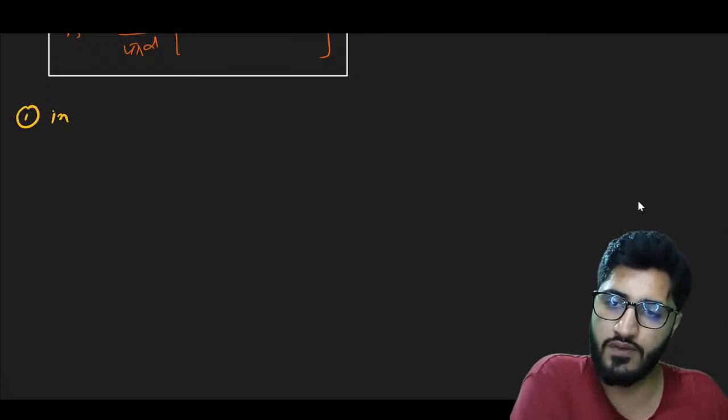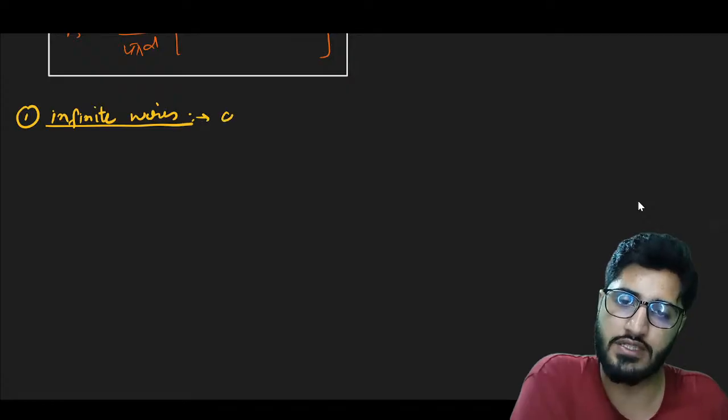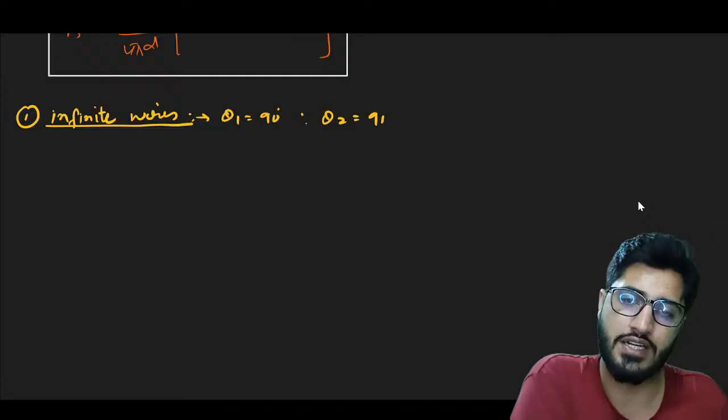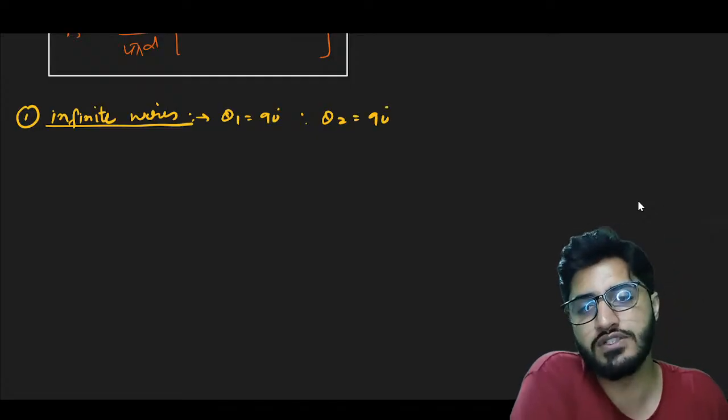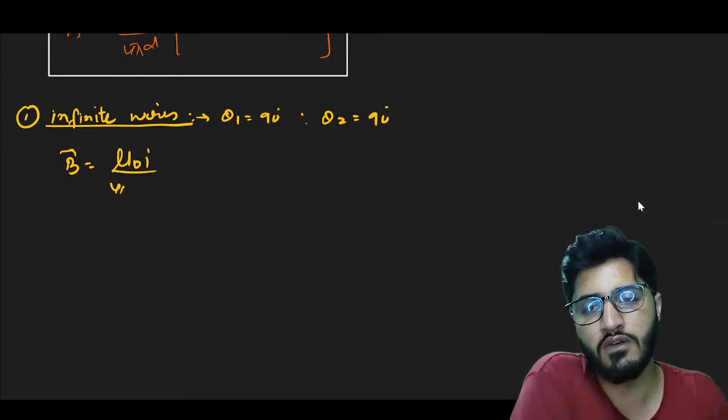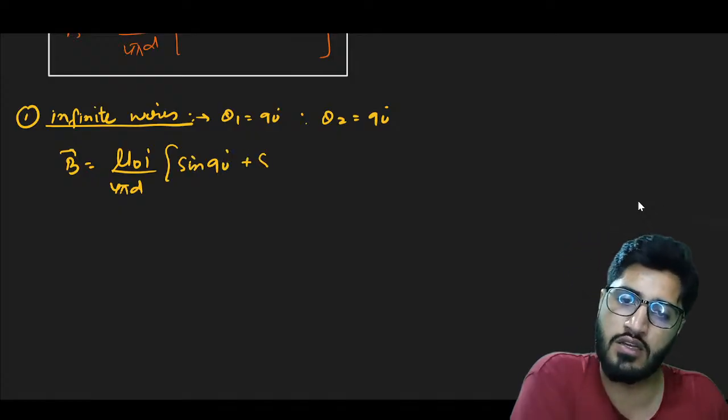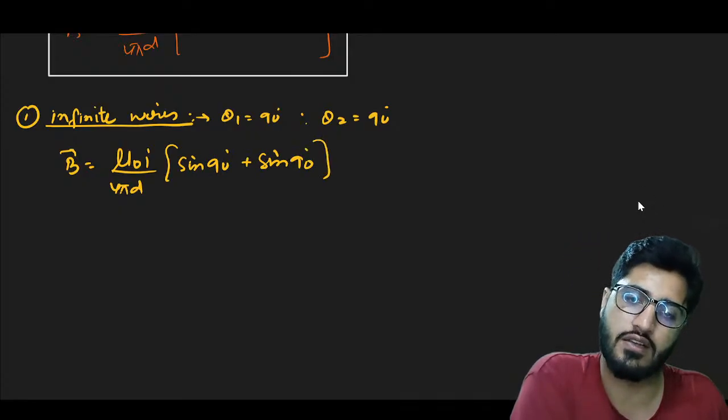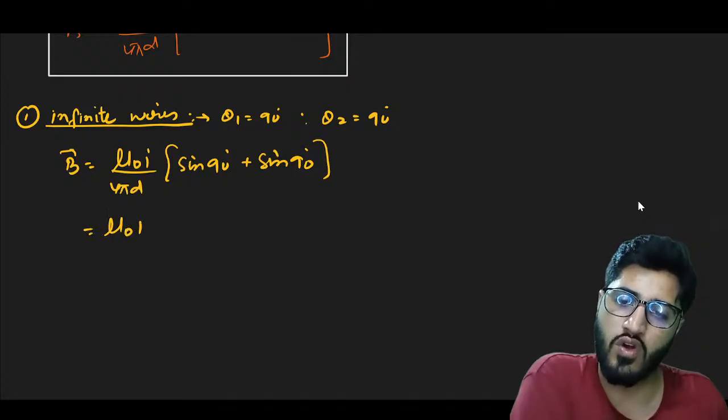First case. If we have an infinite wire, infinite wire means theta 1 is 90 degrees and theta 2 is 90 degrees. So what is my value? B would be equal to mu naught I by 4 pi d, sine 90 degrees plus sine 90 degrees.